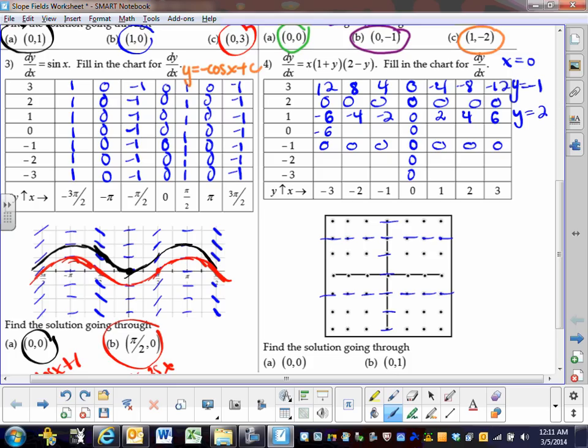Negative 6, negative 4, negative 2, 2, 4, and 6 again. And so if we substitute in negative 2 for the y value, we're going to get 4 times negative 1. So negative 4 times the x. So negative 4 times negative 3, negative 4 times negative 2, negative 4 times negative 1.